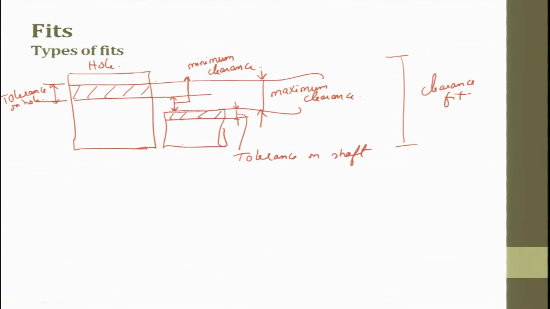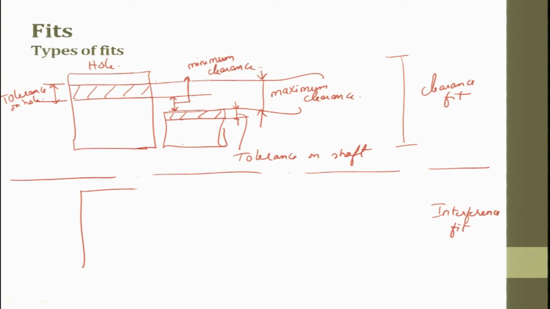The next fit we were discussing is the interference fit. So, let me draw a line. We will study about interference fit. I said interference, something is hindering, interfering. So, here let us try to take a dimension. This is a hole, this is the tolerance.